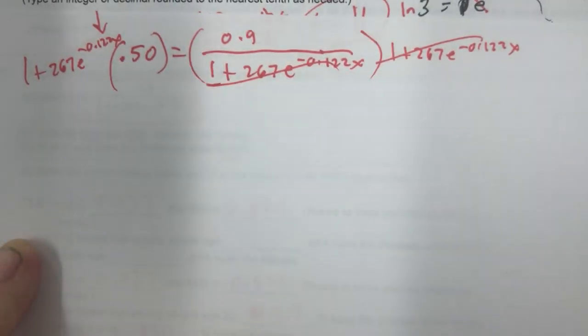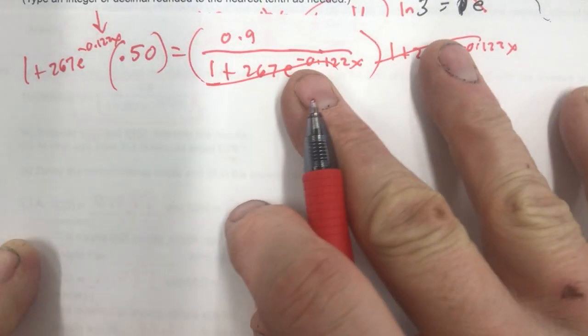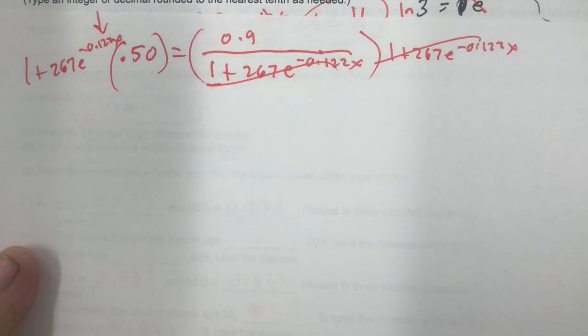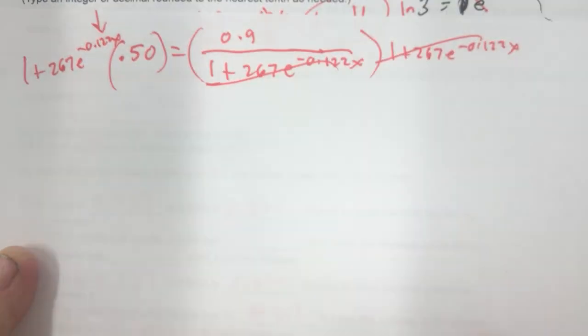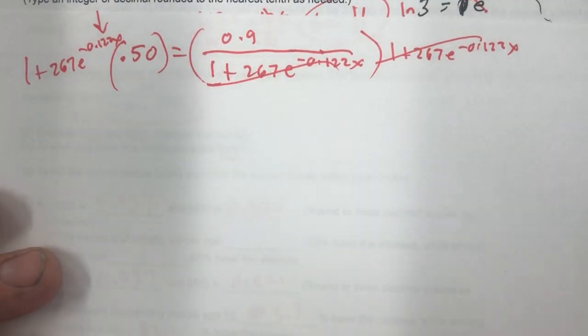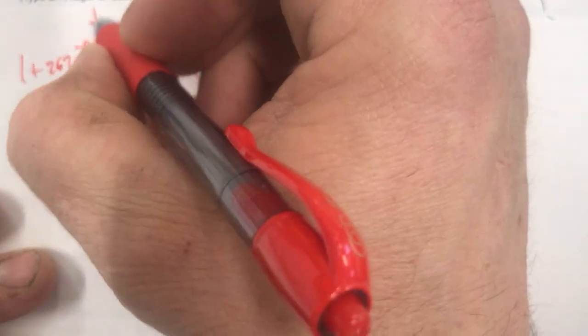1 plus 267e to the negative 0.122x. And that'll cancel off both sides there. Cancel off over here on this side. And it puts it over here. So I've got 0.50 times this.